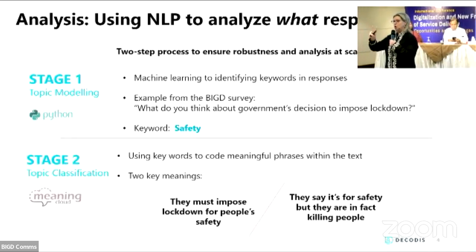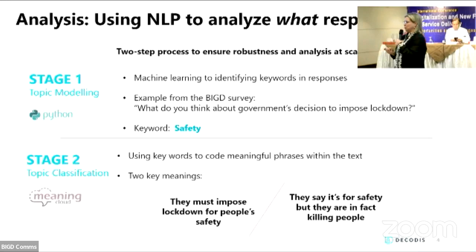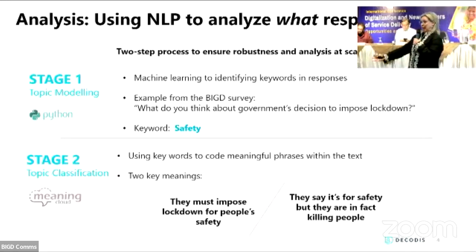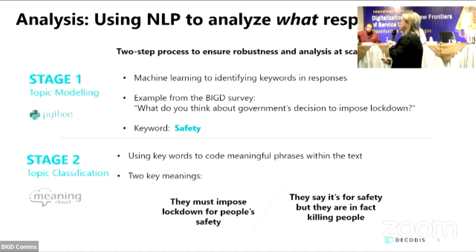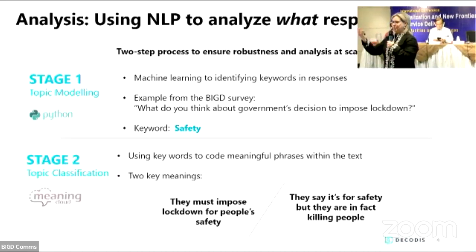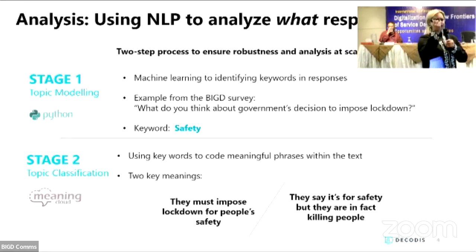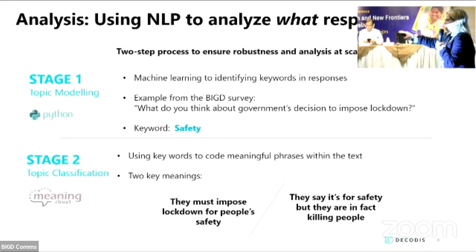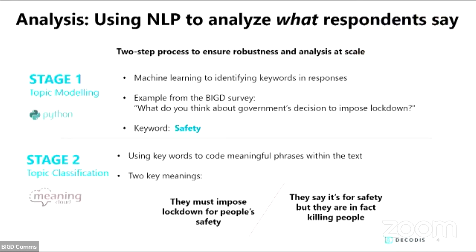We use topic modeling, and that gives us keywords out of a response that's been transcribed. And for example, a keyword might be safety. And we just use Python to do this. But then what we find is we can't just get keywords, we need key phrases, because people talk about safety in different ways.